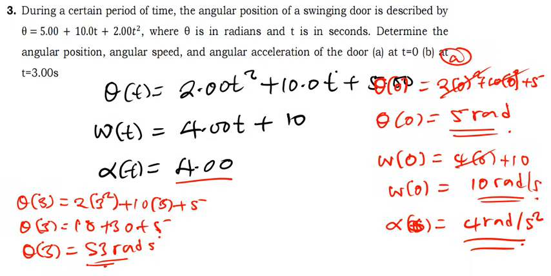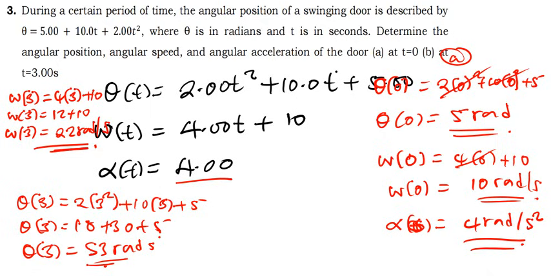Then now we go back and also solve the one for omega. As time is 3, we are going to have 4, put 3 here, plus 10. So that is 12. 12 plus 10 is 22 rad per second.